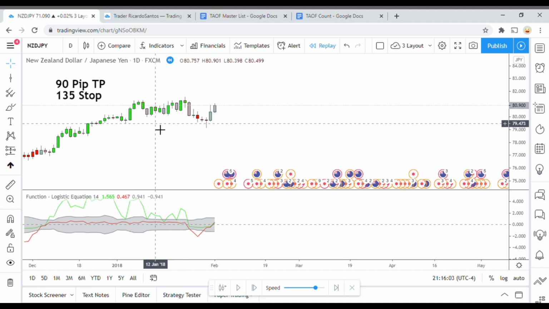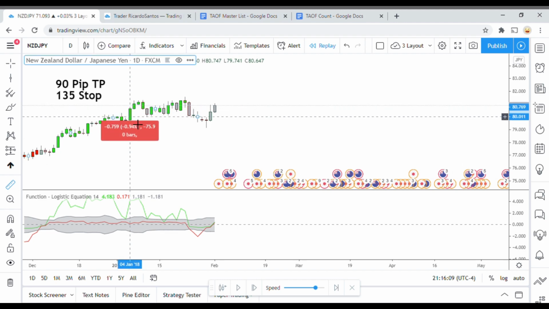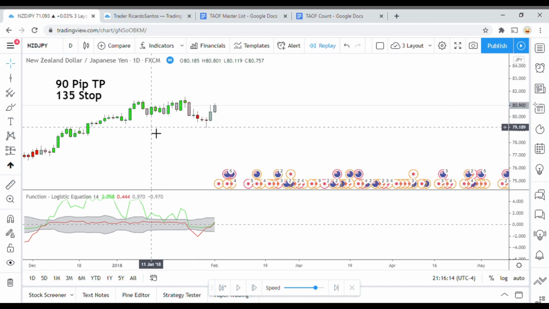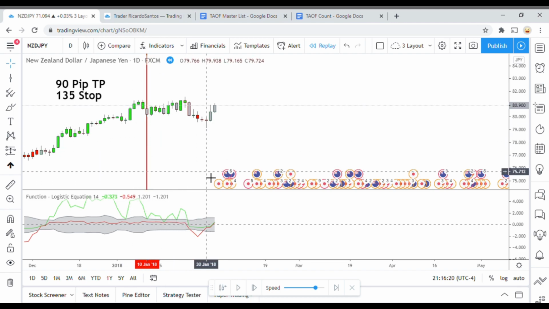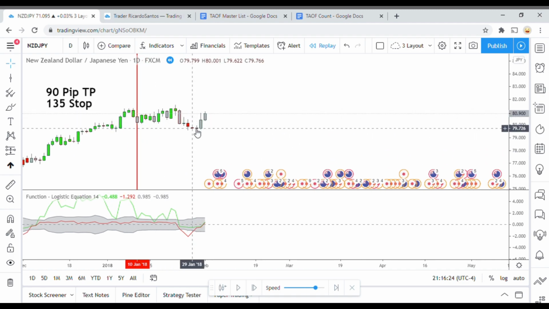Yep, there we go. See, it started to chop its way down. And 135 pips, yep, was definitely hit. And so, yep, that one definitely ended up stopping us out.